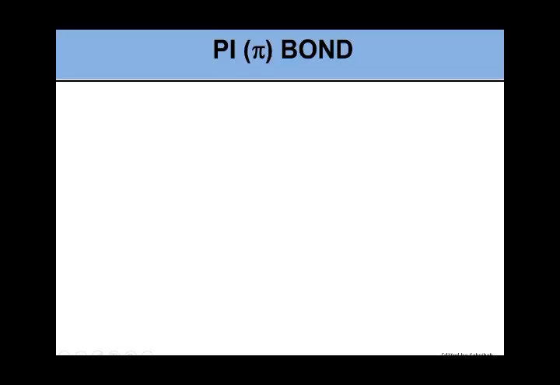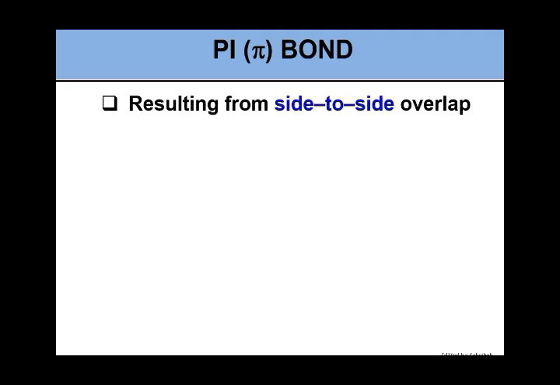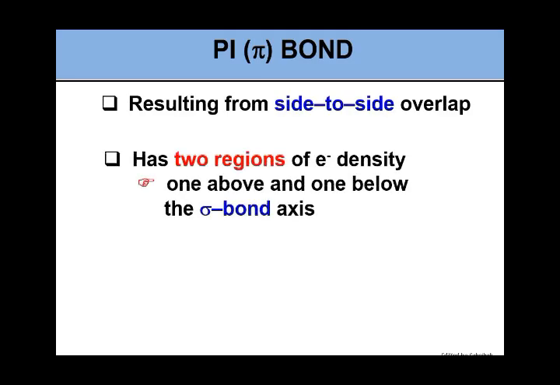Pi bond. Pi bond is side-to-side overlap. It has two regions of electron density, one above and one below the sigma bond axis.